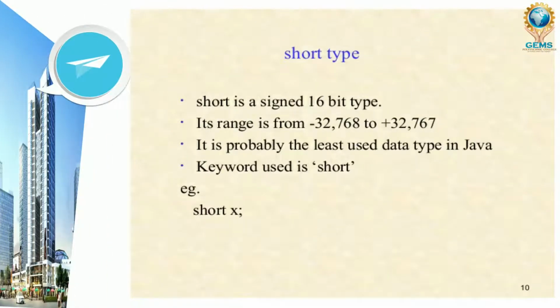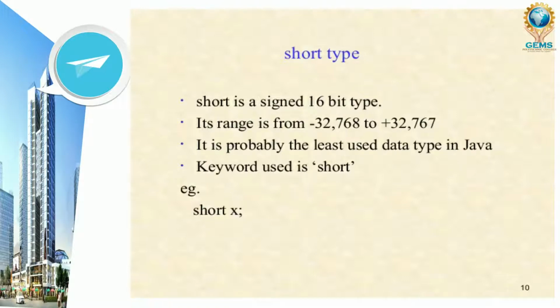Then short type. Short is a signed 16-bit type. The previous one is 8-bit; now short is 16-bit, which is double that of byte. The range is from -32,768 to +32,767. It is probably the least used data type in Java.